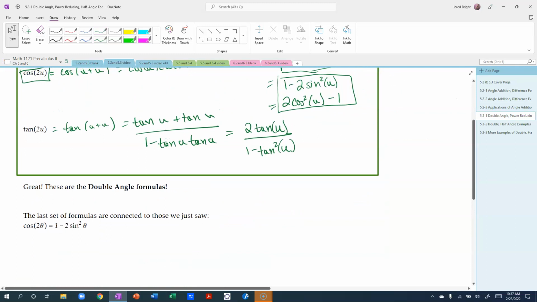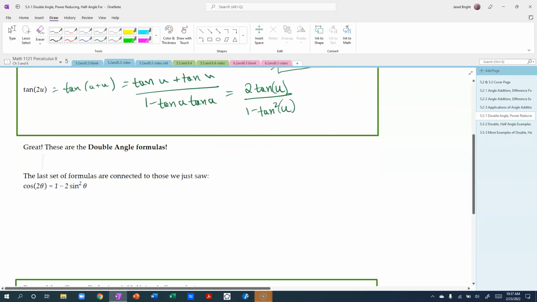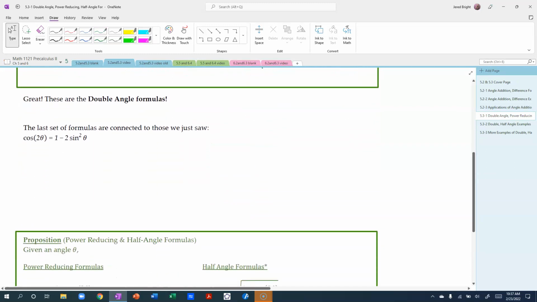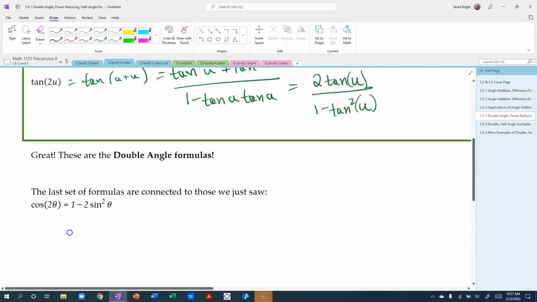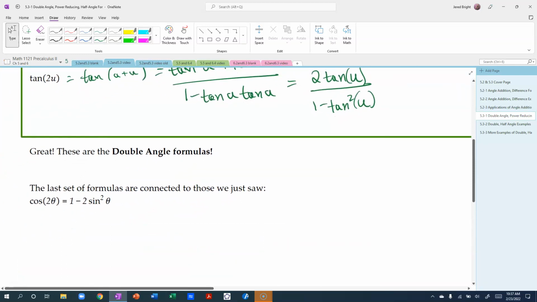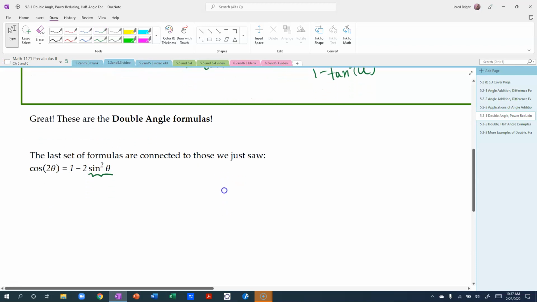The other formulas that we're going to work with are actually related to those double angle formulas that we just saw. So for instance, if I look at the identity cosine 2u is equal to 1 minus 2 sine squared u, and let's say I want to solve for sine squared, let's see what we get.